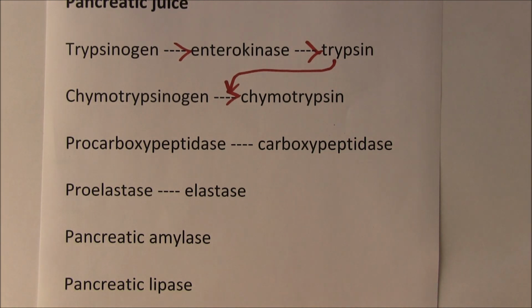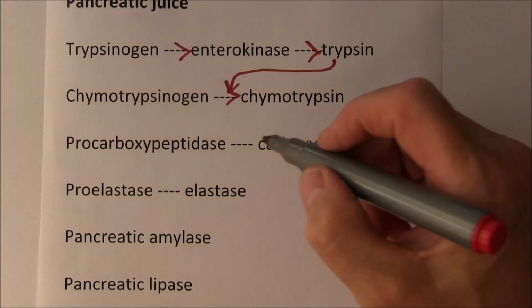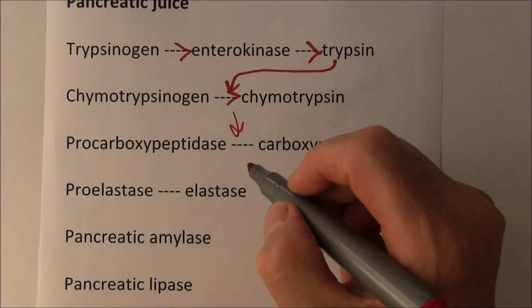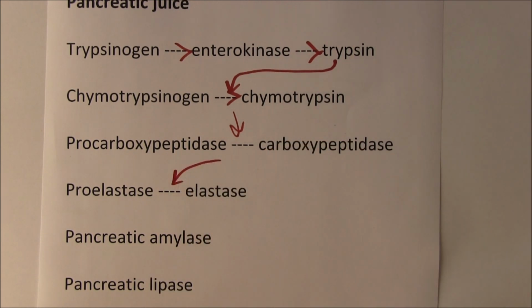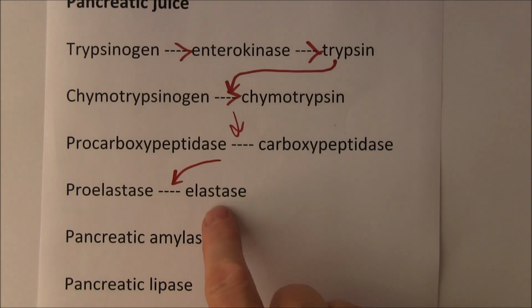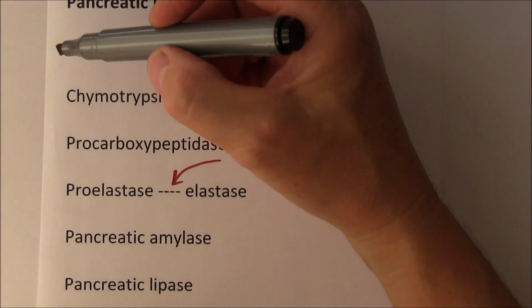Procarboxypeptidase, another protein digesting enzyme, it will activate that into carboxypeptidase. Again, trypsin will do this. And it's the same with the proelastase, which will be activated into elastase. And the elastase is going to digest elastic tissues in the food that is consumed.